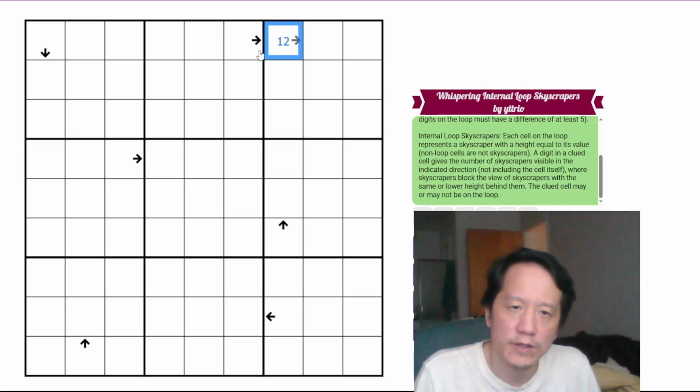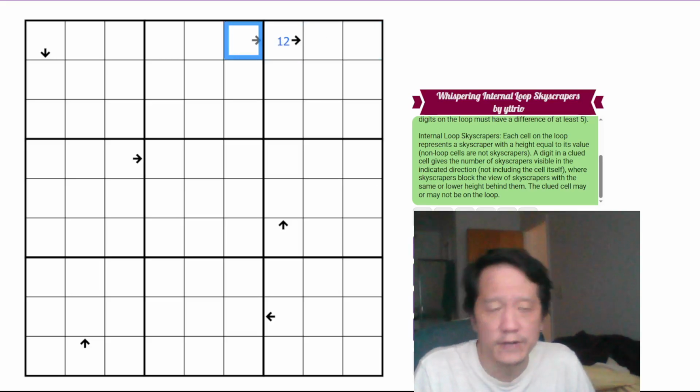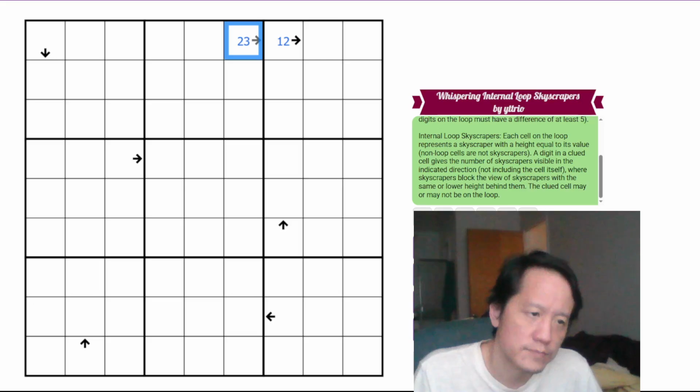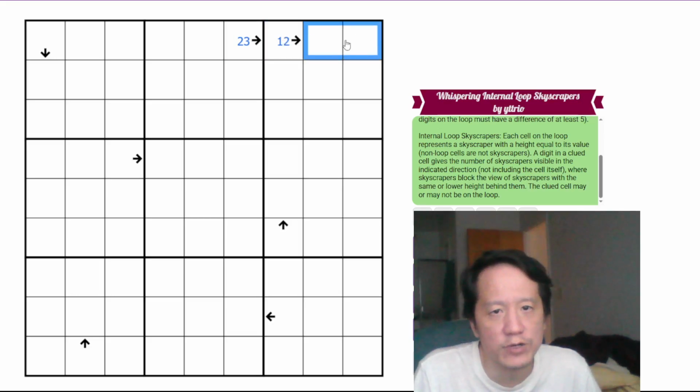But this sees at least 2 or 3. So these are both low. This then must see this cell and whatever this skyscraper sees. So this must be on the loop.